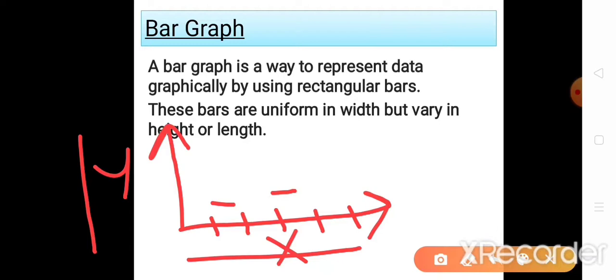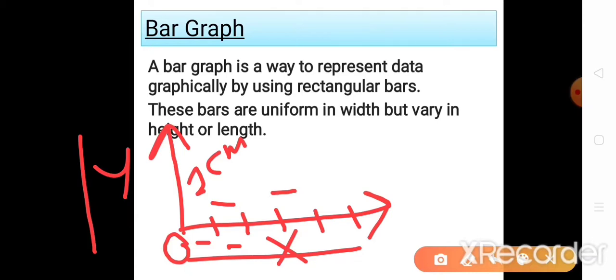Yes, and one more thing, this particular point of intersection of both x and y axis is considered as 0, and from here you need to leave equal space as you are providing in these bars. If it is 1 centimeter in your scale, you provide 1 centimeter wide here, or if you want more, you can always do that, or even less, but it just has to be equal.